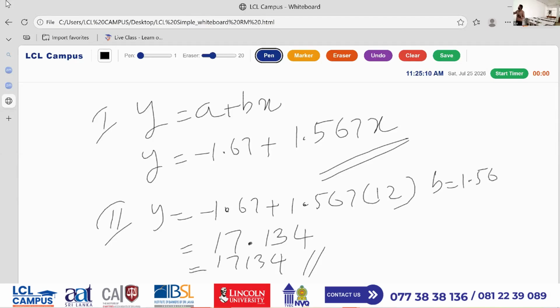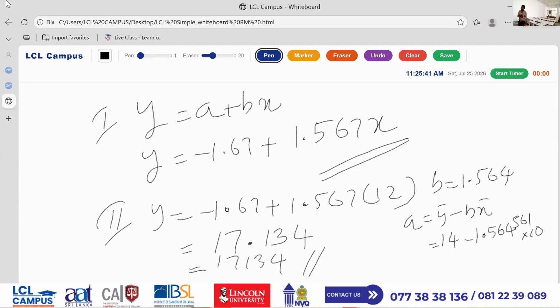A equals y bar minus b x bar. No? Y bar we got 14, right? Yeah. 14 minus 1.564 into 10.